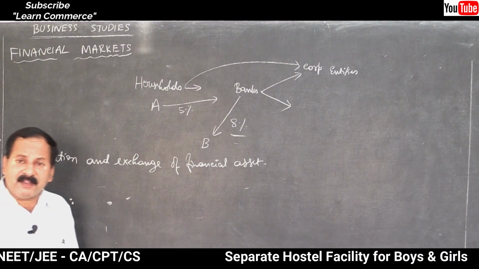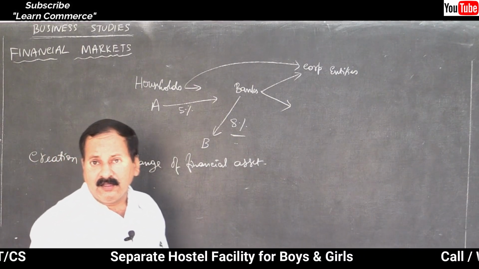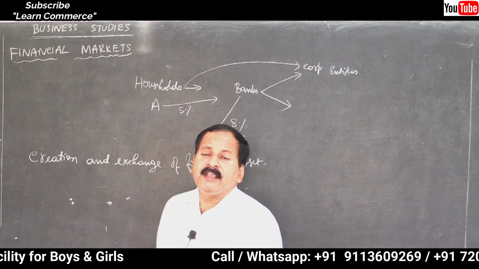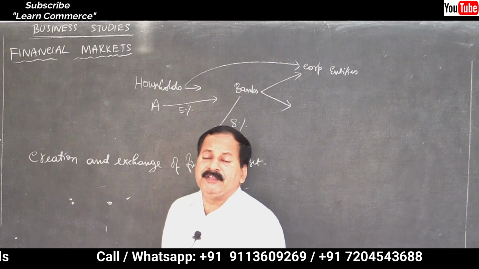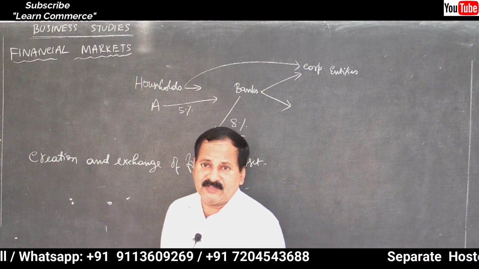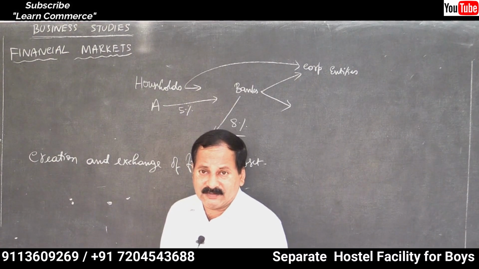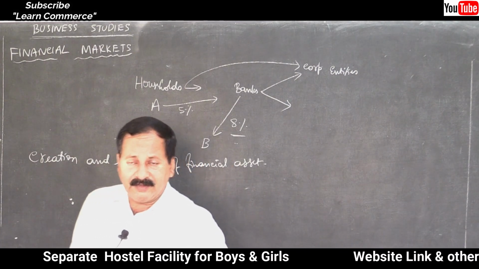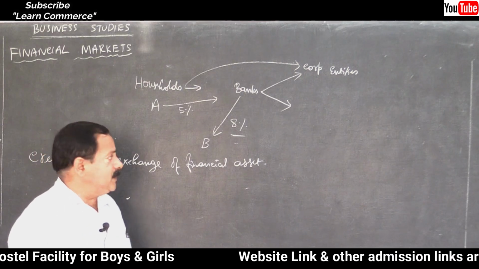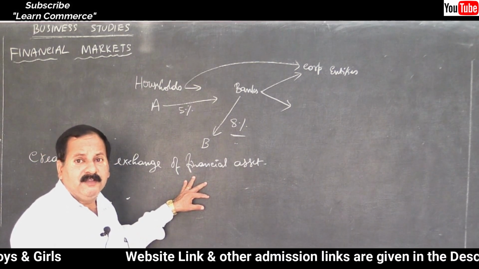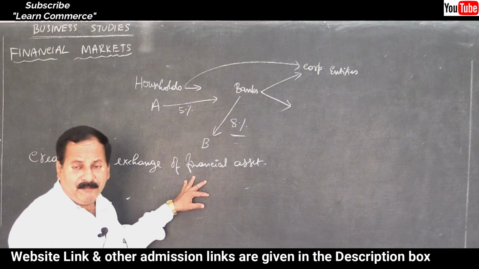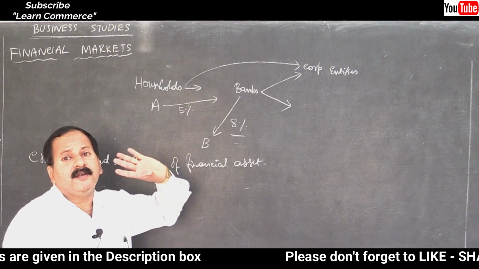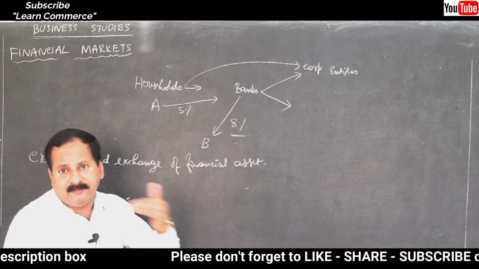That can be purchased by the bank, or they can purchase the existing securities from the secondary market. We will take up the primary market and secondary market separately later. But for the time being, just keep in mind that shares can be purchased directly from the company or from the market. In the market, already existing shares are traded.